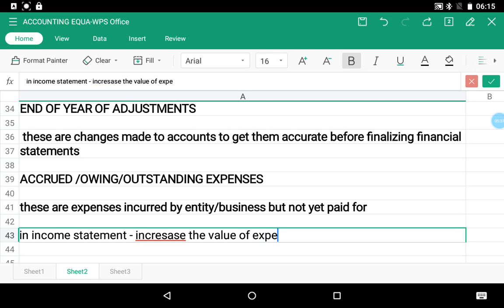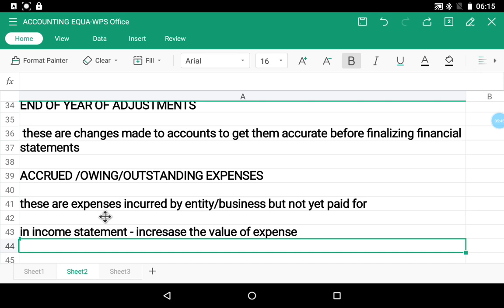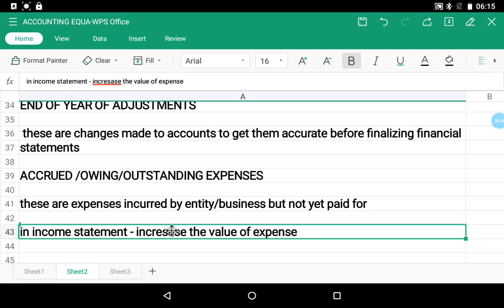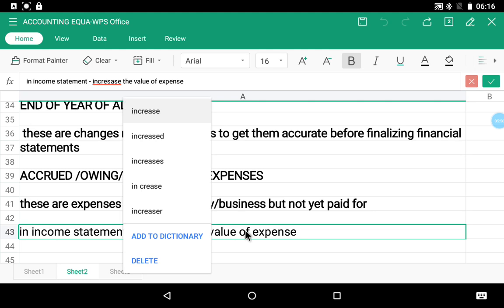If it is rent, it will increase because you have added another expense, maybe for last financial year or for any.